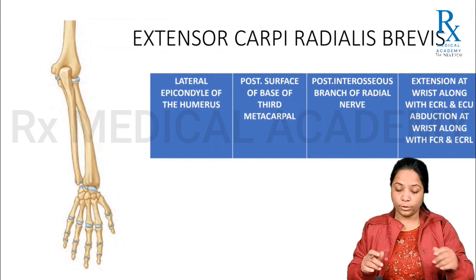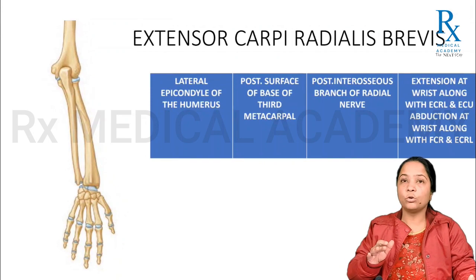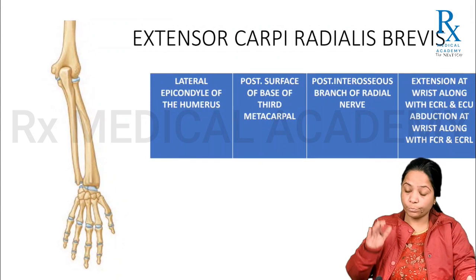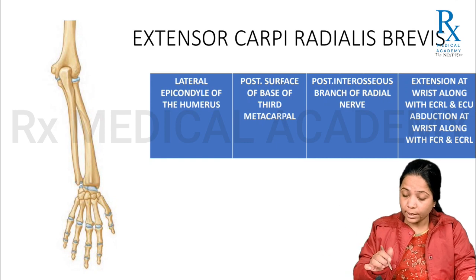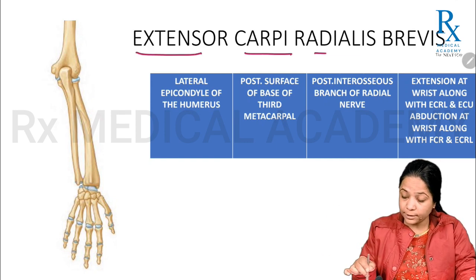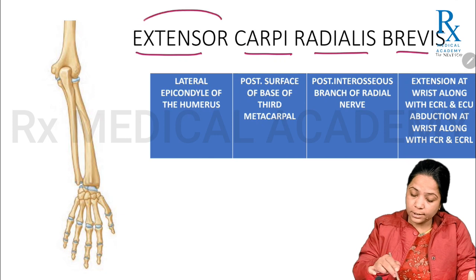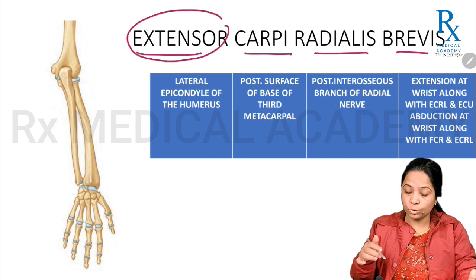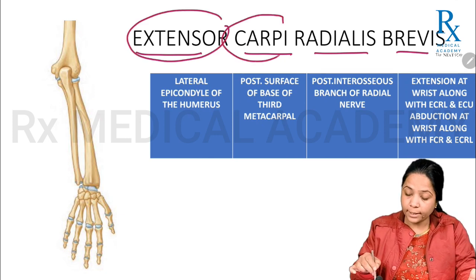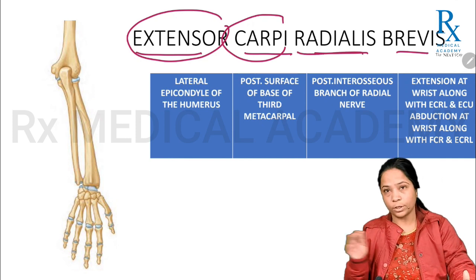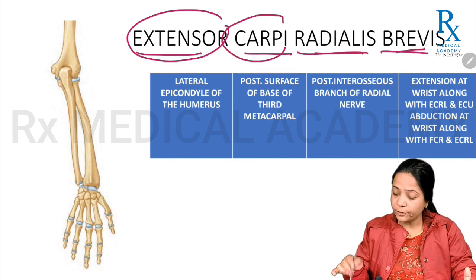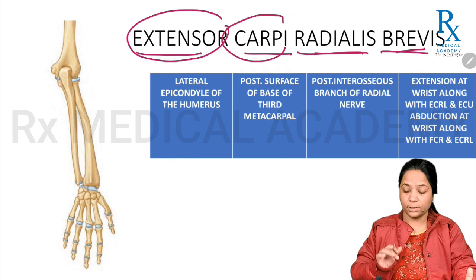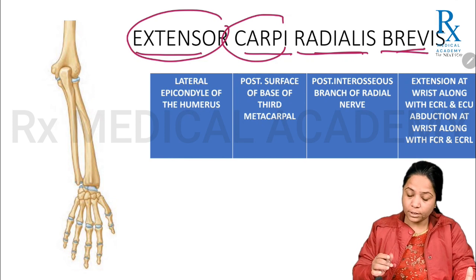The next muscle in the lateral group of the superficial compartment of the posterior aspect of the forearm is extensor carpi radialis brevis. Again, extensor means it is going to produce extension, carpi at the wrist joint, radialis, it is located on the lateral side, and brevis means the size of this muscle is small. From where is it going to arise?